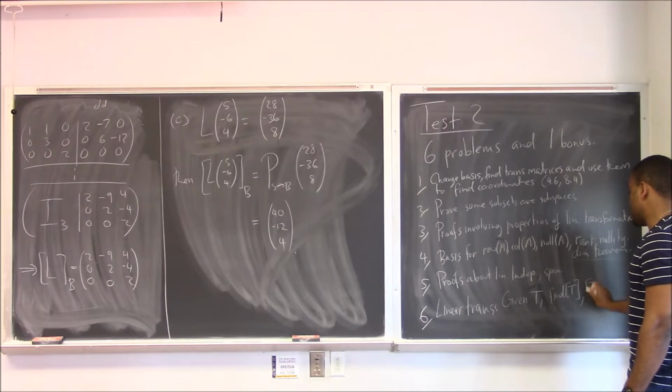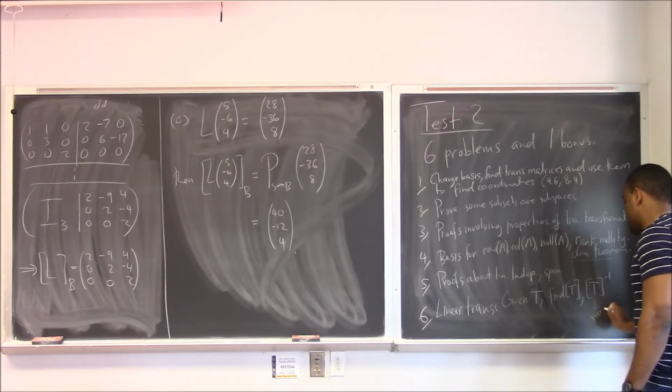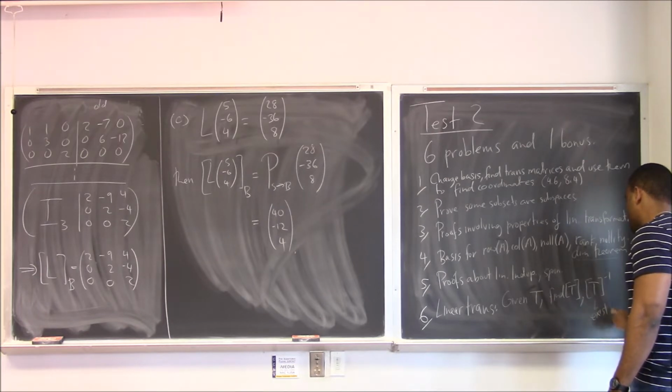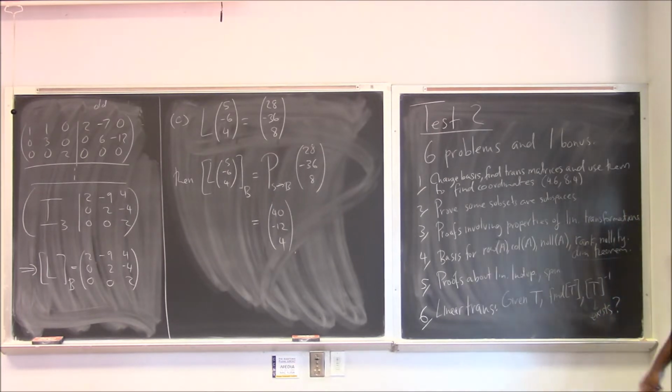Can you find its inverse? And how do you know that it exists? So I give you a random linear transformation that does something. Can you find a matrix that describes that transformation? Is that matrix invertible? How would you know that an inverse function exists? What would you have to check? Things of that sort.